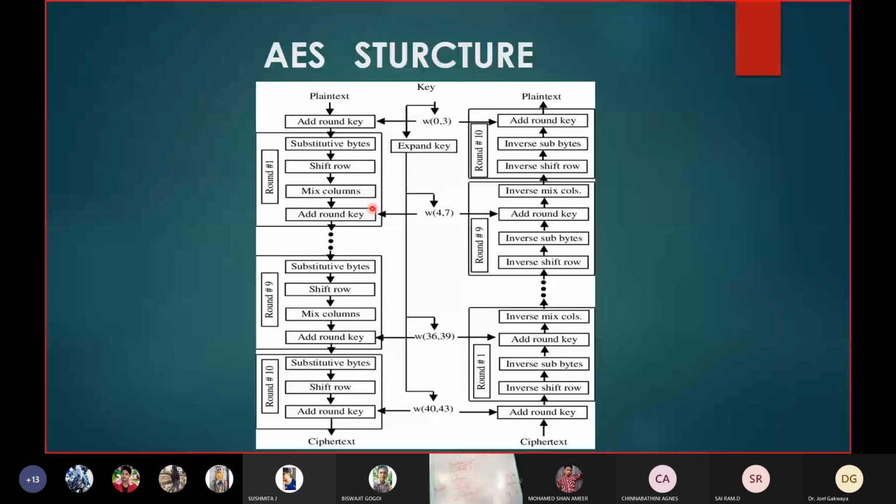If you have 10 rounds, we are going to have W40 to 43. Every key will have 4 bytes, positions 0 to 3. This will be the last one, and the 10th round will be down here.